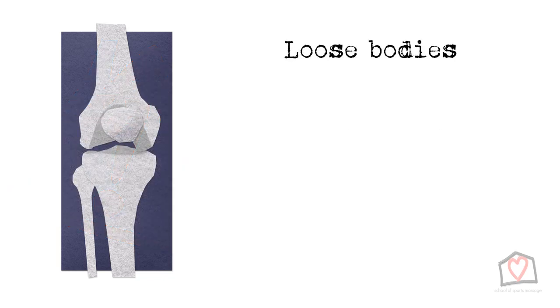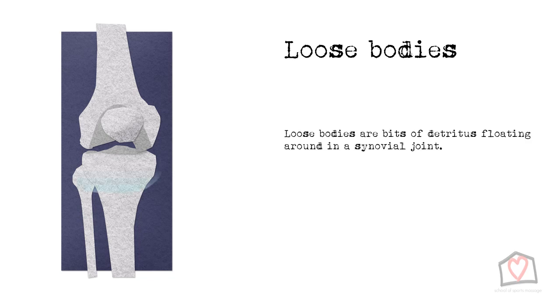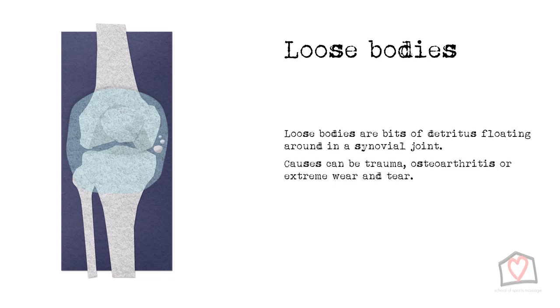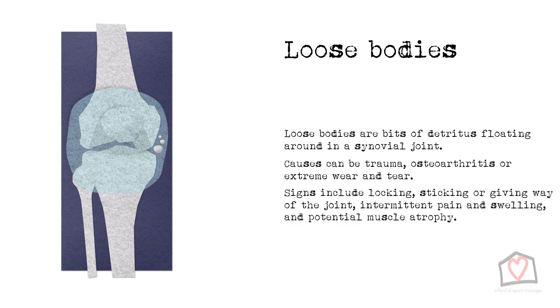Next we have loose bodies. These are bits of detritus such as bone fragments, cartilage or meniscus floating around in a synovial joint. The normal causes of this are trauma or osteoarthritis, even extreme wear and tear. Signs and symptoms for this are locking, sticking or giving way of the joint, intermittent pain, often sharp, intermittent swelling and potential muscle atrophy.